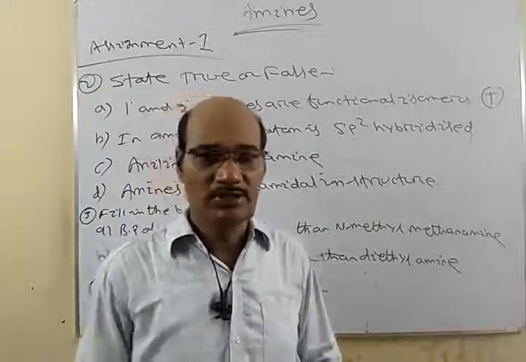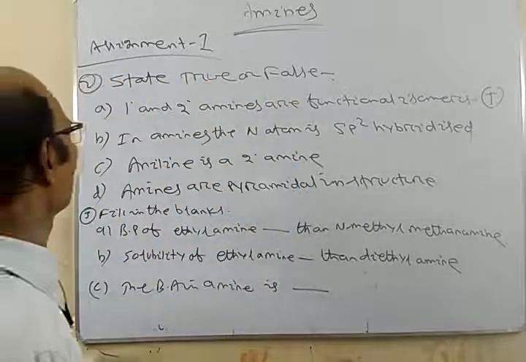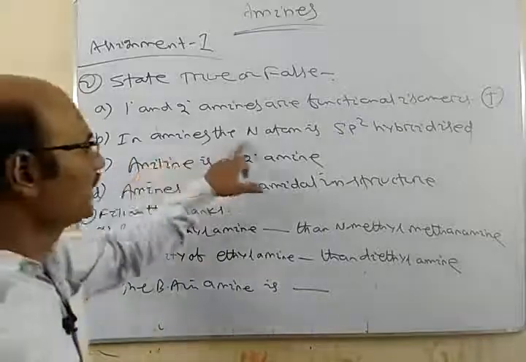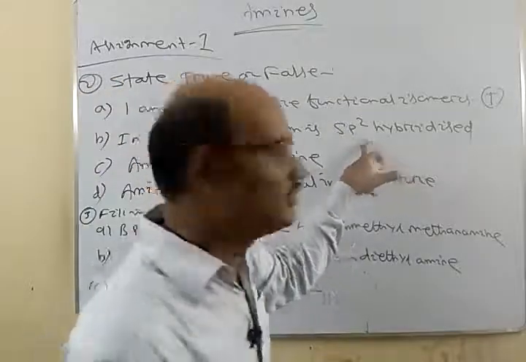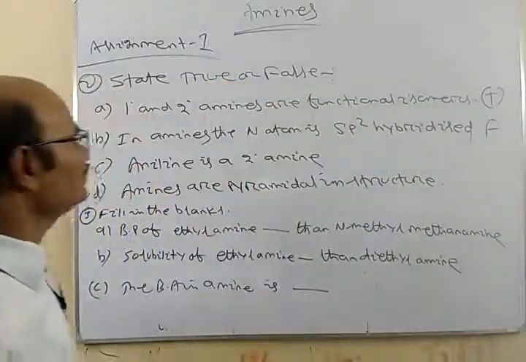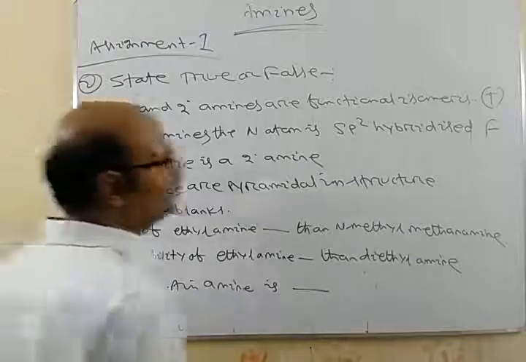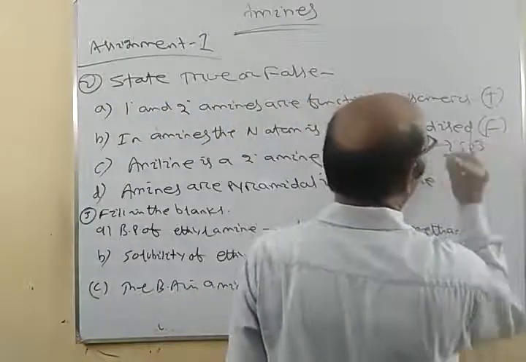They have different chemical behaviors. Okay. Now in amines, the nitrogen atom is sp2 hybridized. Is it sp2? No, it is sp3. So false. In amines, the nitrogen atom is sp3 hybridized.